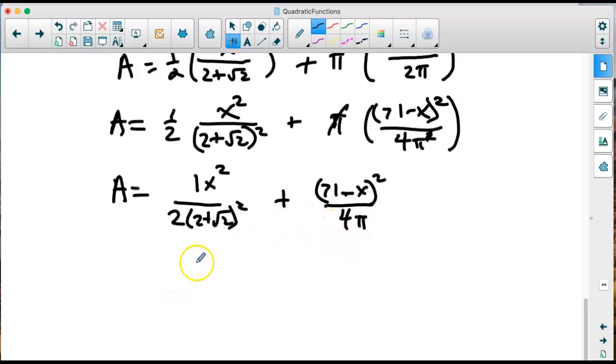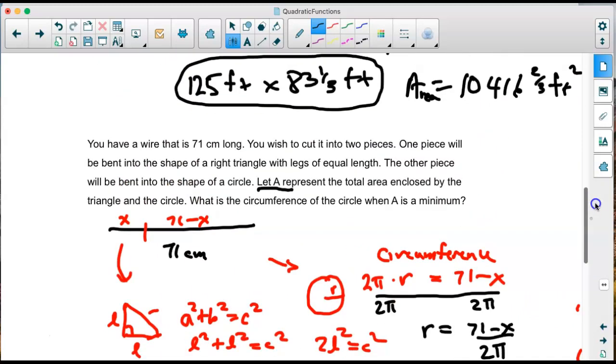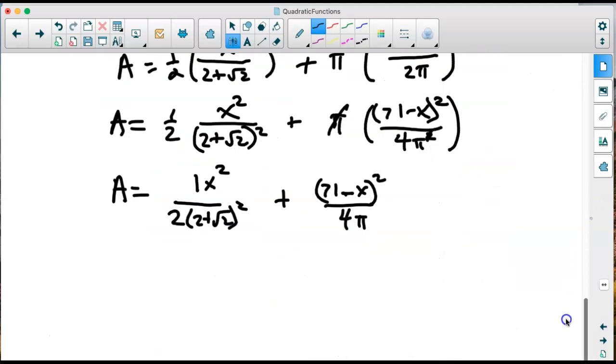Okay, so let's type that into Desmos and see what we get for a maximum, or we should get a minimum. So this has got to be a positive. Hopefully it's going to be a minimum.